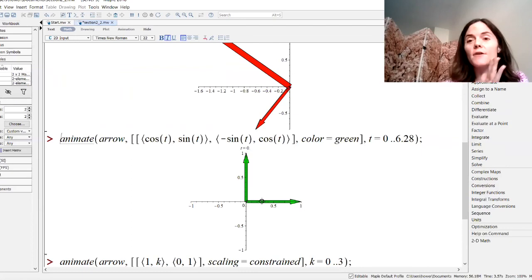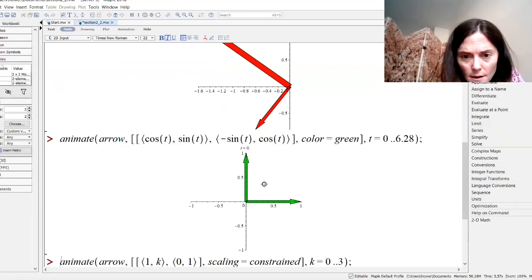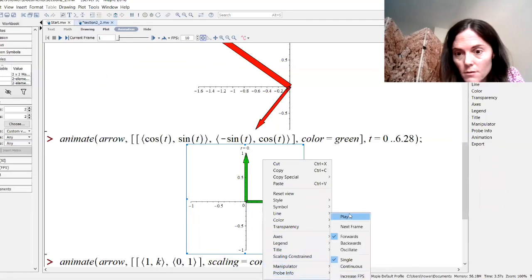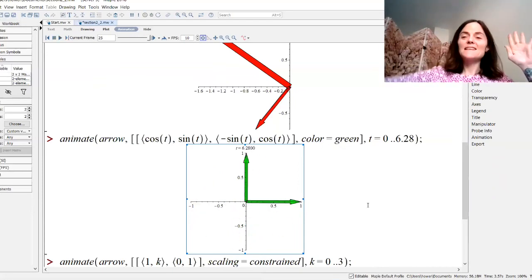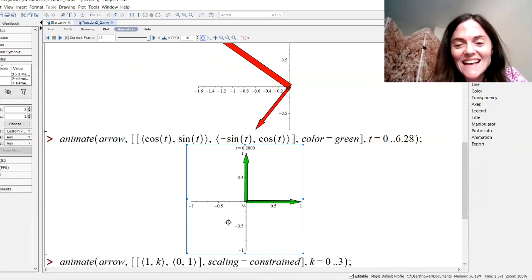But you notice I'm going to vary theta between 0 and, well, approximately 2 pi. So let me do this, and then I've got to animate it. Play. And you see, look, theta.